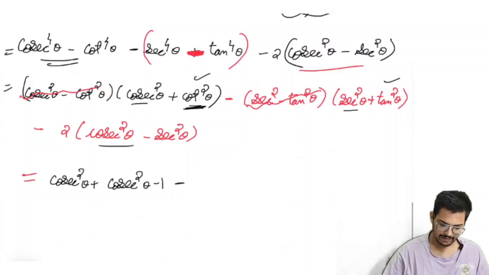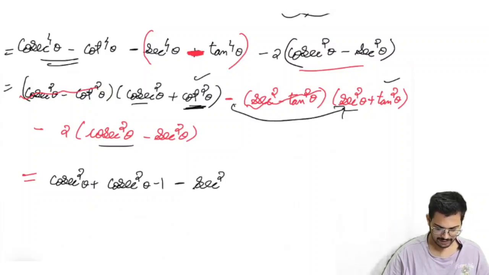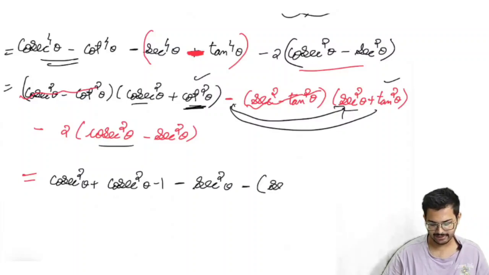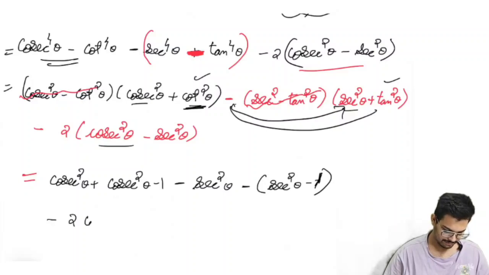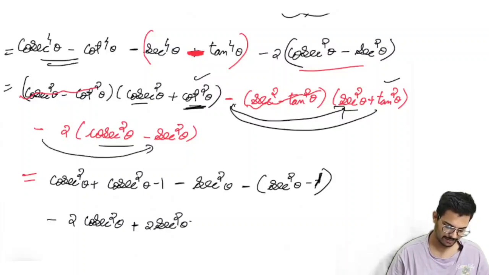Similarly, this will be minus sec^2 θ and this will become minus tan^2 θ, that is, tan^2 θ is sec^2 θ − 1, minus 2 cosec^2 θ plus 2 sec^2 θ. I just opened it: minus 2 into minus, plus.